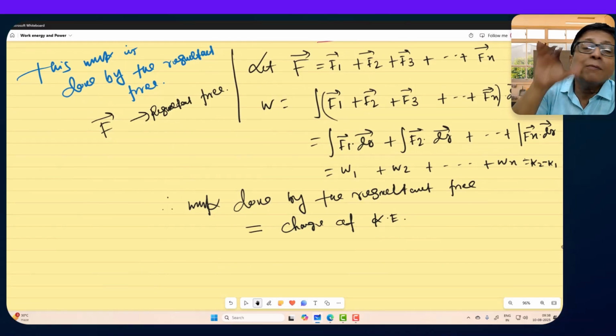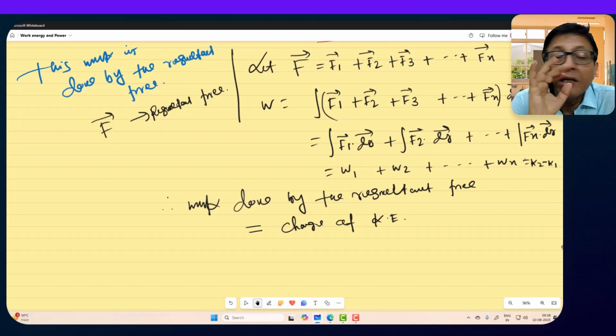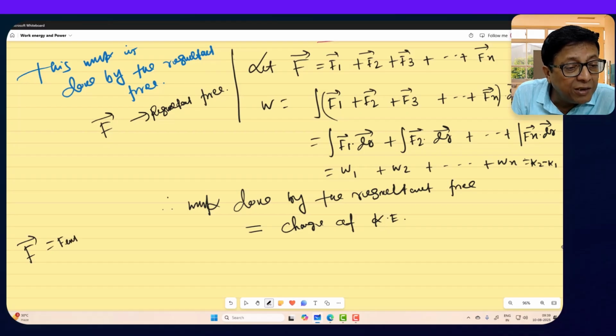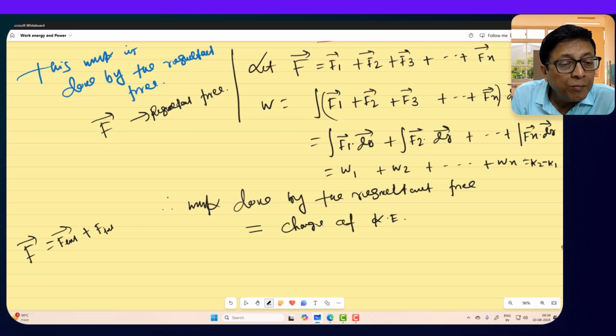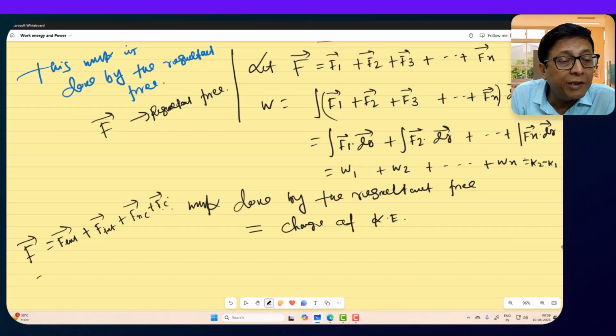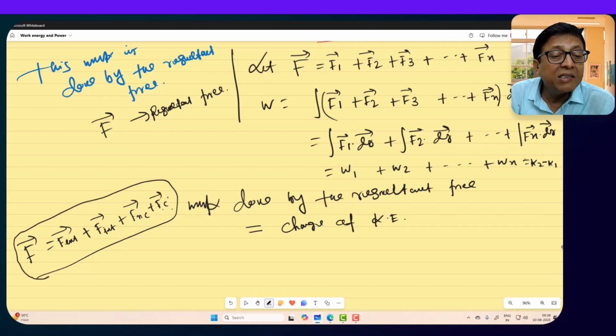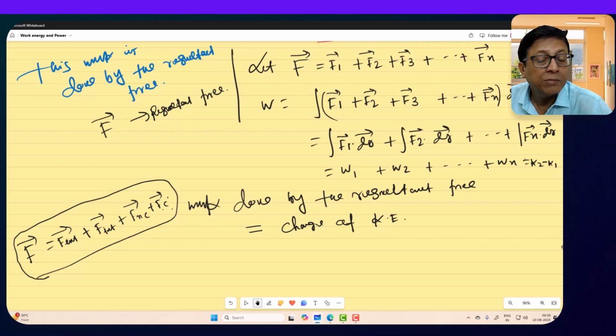But the concept of resultant force involves what? This force may be external force. This force may be internal force. This force may be non-conservative. The force may be conservative one. Basically, in this chapter, we will be discussing in terms of these four forces.